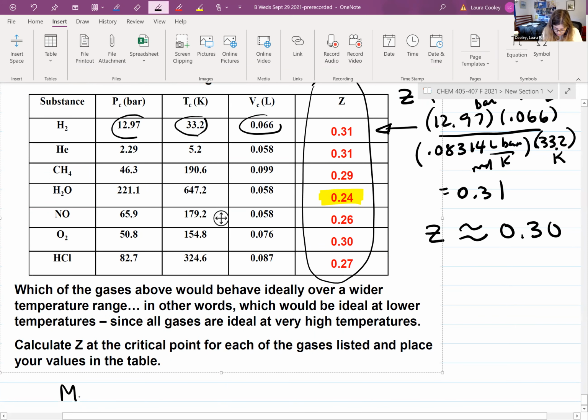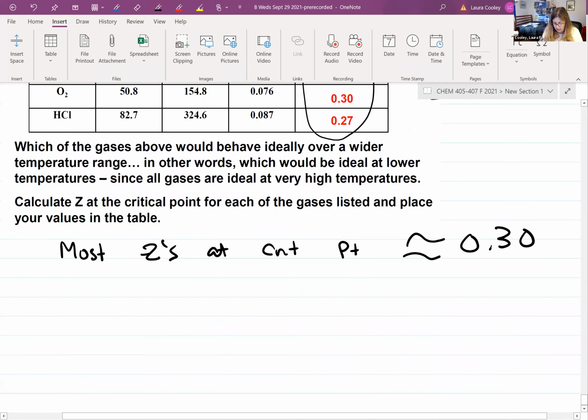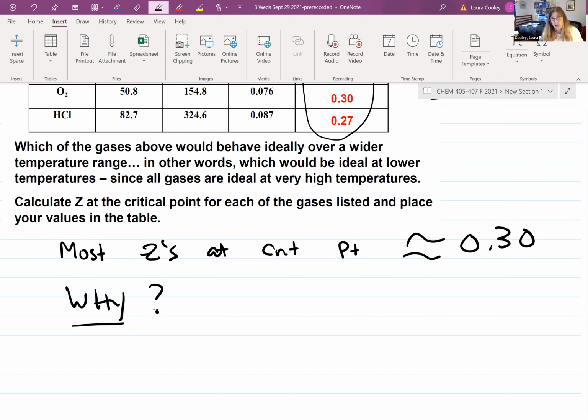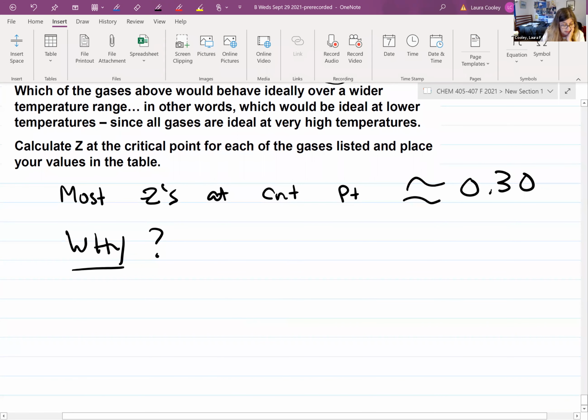So most of the Z's at the critical point are approximately 0.30. And I want to ask the question, why would that be? Why would most gases have the same Z value at their critical point? Can we understand this? And yes, I think we absolutely can.